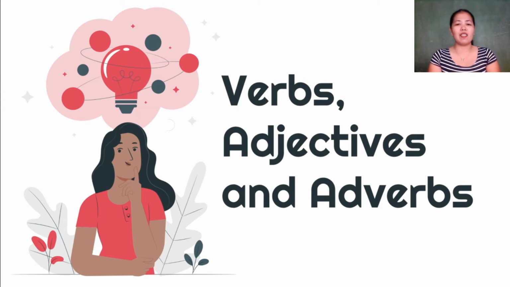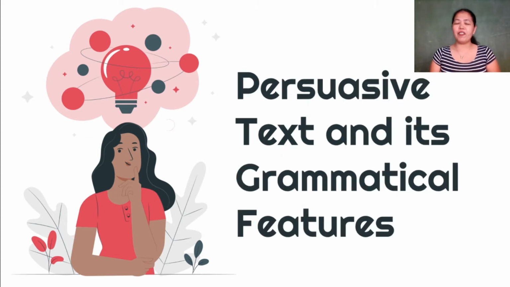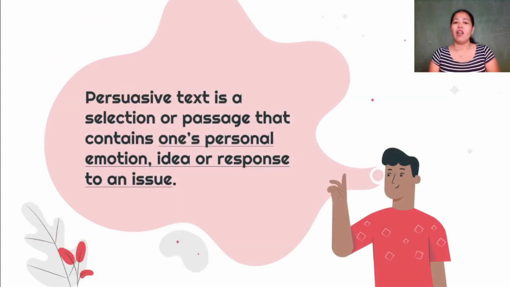Today, we're going to discuss verbs, adjectives, and adverbs. And today's lesson highlights the review of concepts on these three parts of speech. Let's first have persuasive text and its grammatical features. What is a persuasive text?